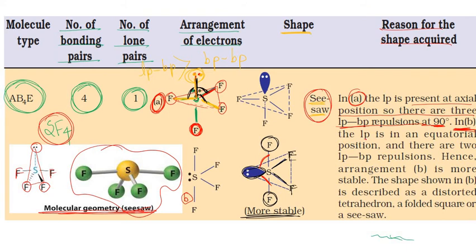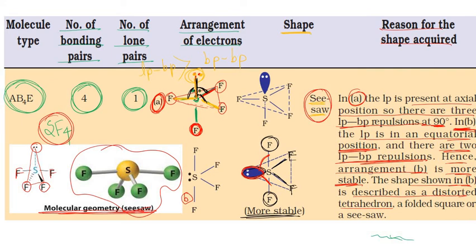So in B, the lone pair is in the equatorial position, as I have told you just now, and there are 2 lone pair-bond pair repulsions. Hence the arrangement B is more stable, and the shape shown in B is described as a distorted tetrahedron.